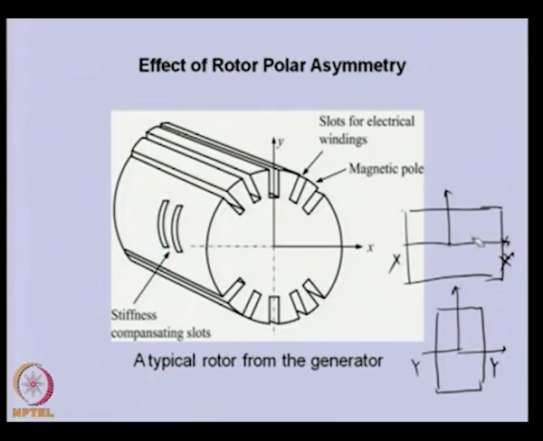So, we expect that because of its own weight the rotor will deflect more in this configuration than this configuration, and generally to compensate the decrease in stiffness, some kind of slots are provided in this solid part, called stiffness compensating slots, so that we can reduce the stiffness in this direction also.